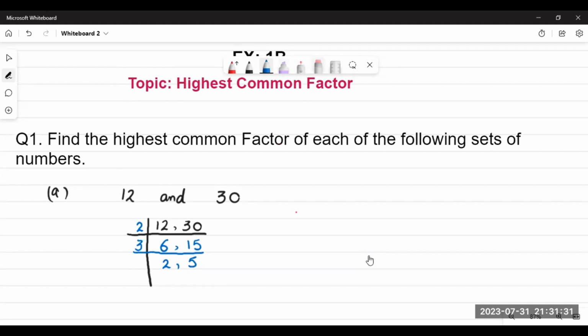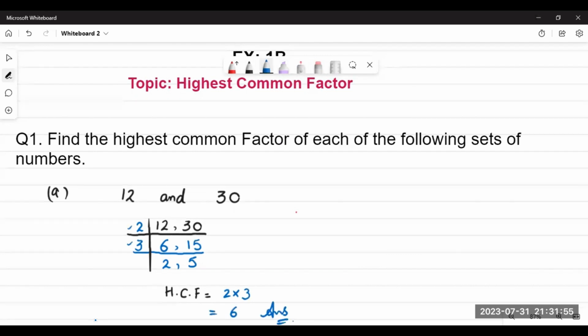As they are not, I will divide up to here and leave the rest. So what will be the answer for the highest common factor? You have to multiply these two side values: 2 multiplied by 3. 3 2s are 6, and that's the answer.